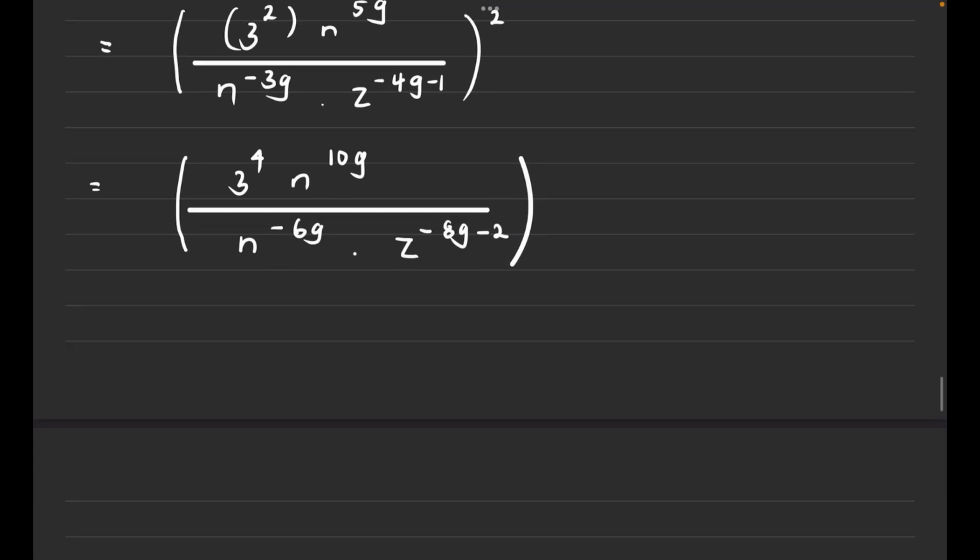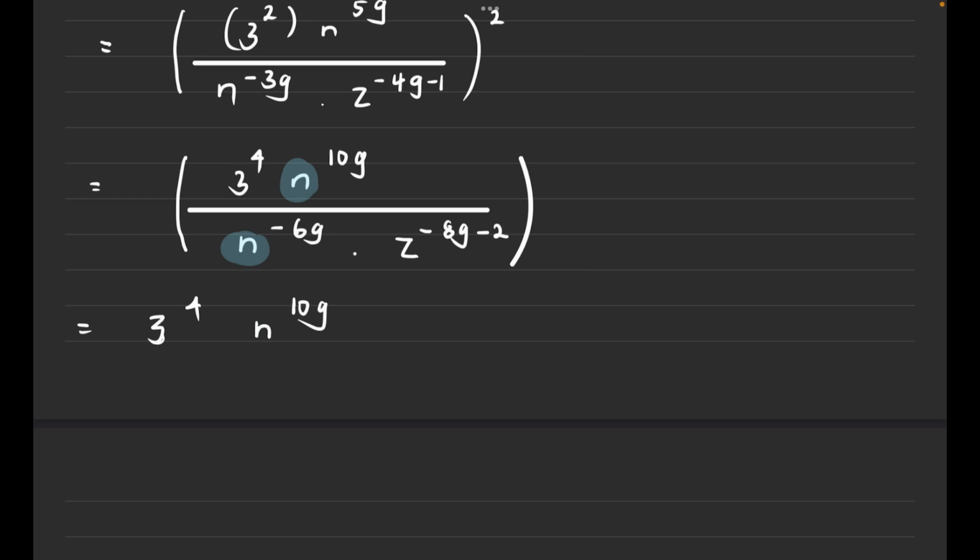Okay, perfect. So now, what is going to happen is this. I've got this n, and I've got this n. I'm going to utilize the quotient rule, right? Because the bases are the same, so I'm going to subtract the exponent. So that is 3 to the power 4, n to the power 10g.